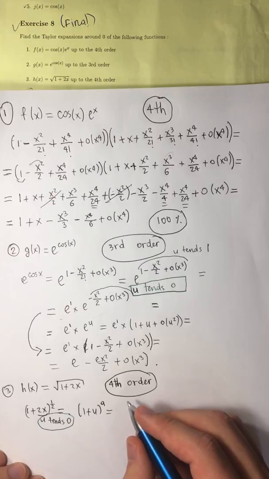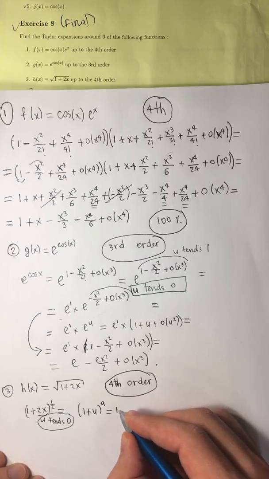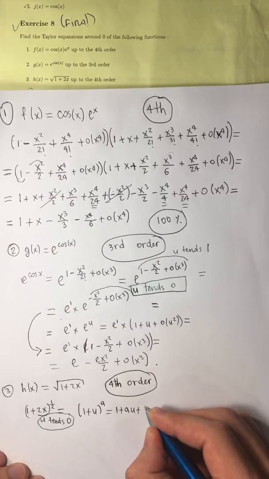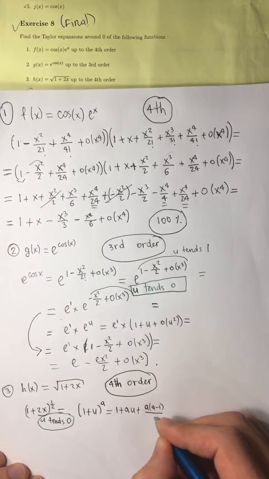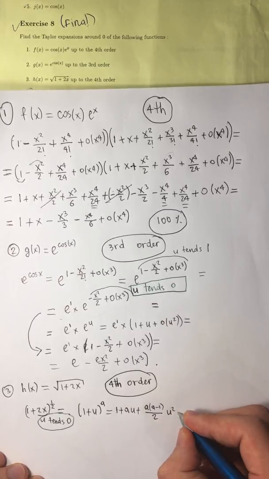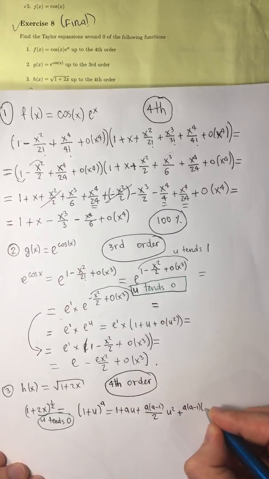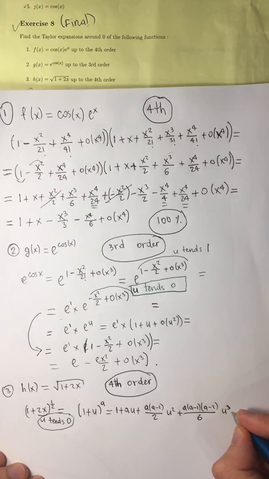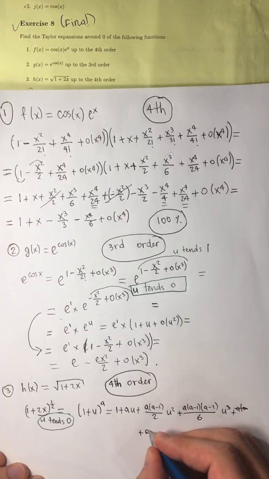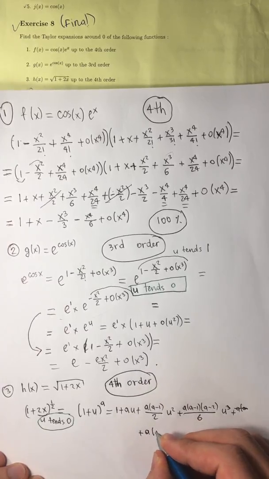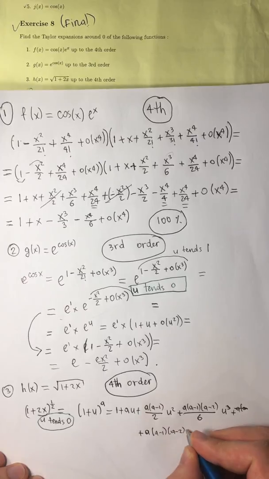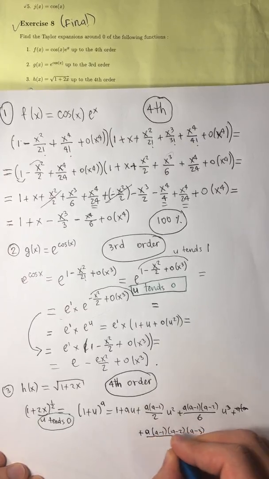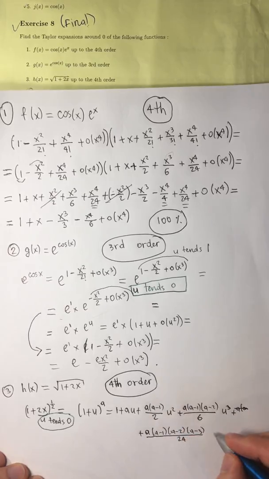And according to formula number 7, it's equal to 1 plus a u plus a(a minus 1) divided by 2 u squared plus a(a minus 1)(a minus 2) divided by 6 u cubed plus a(a minus 1)(a minus 2)(a minus 3) divided by 24 u to the 4.